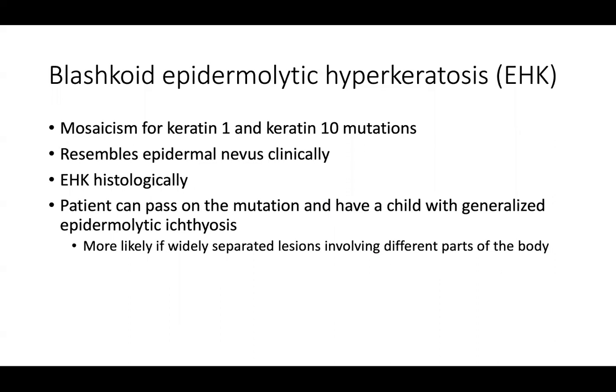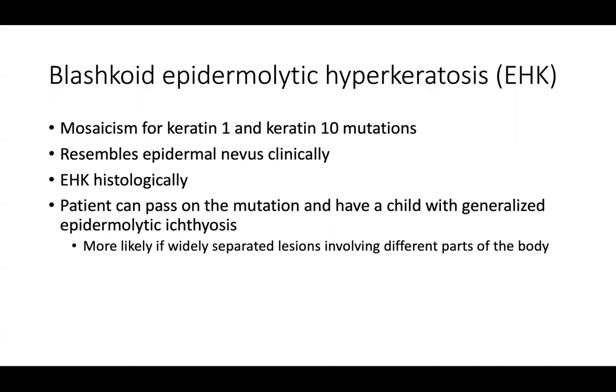So we talked about Blaschkoid distribution. There is an entity called Blaschkoid epidermolytic hyperkeratosis. It's mosaicism for keratin 1 and 10. And this is what I was talking about. If you do see something in a patient that is diffuse epidermolytic hyperkeratosis, to mention it, it resembles epidermal nevus clinically and EHK histologically.